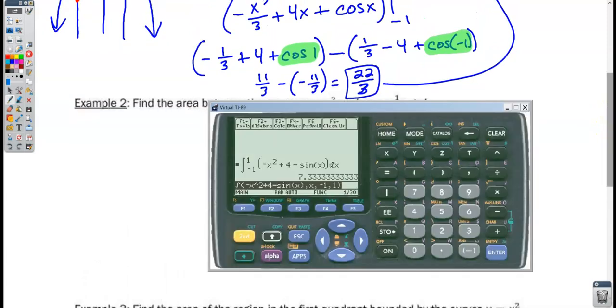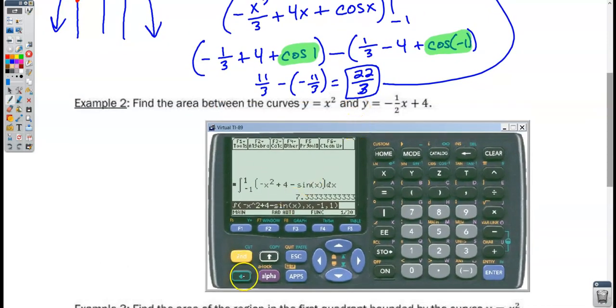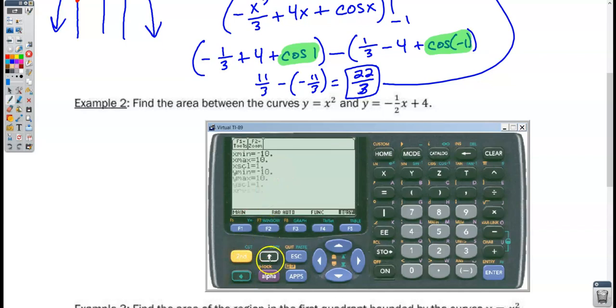I'm going to go ahead and graph the curves, y equals x squared, and y equals -1/2 x plus 4. Now in this one, there are no side boundaries given, and so the limits of integration, the side boundaries of the region, are just going to be the intersection points of these curves.